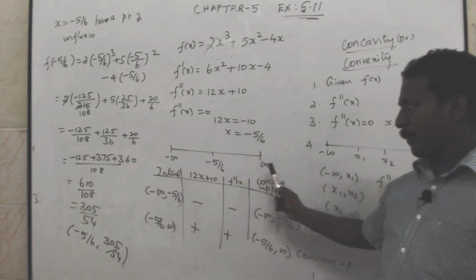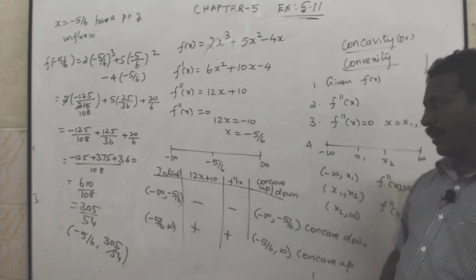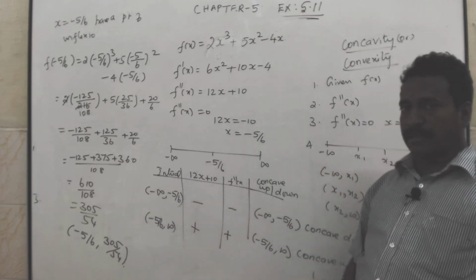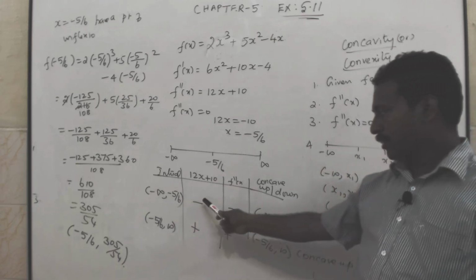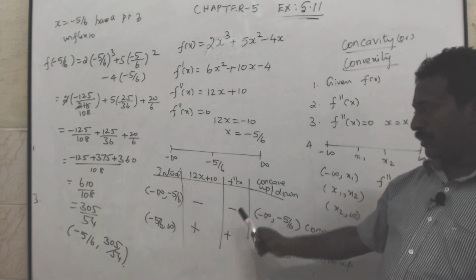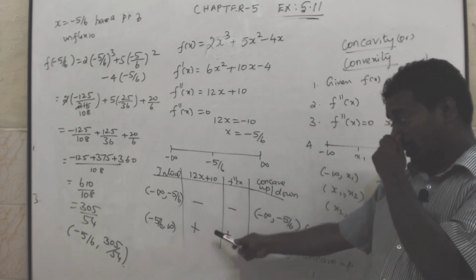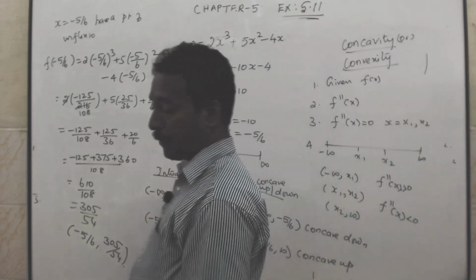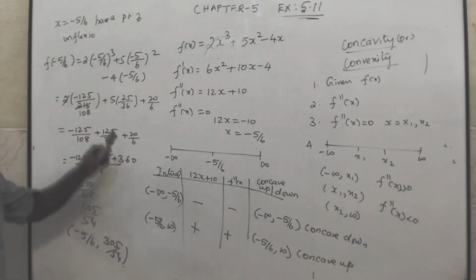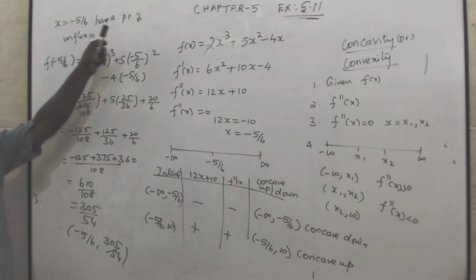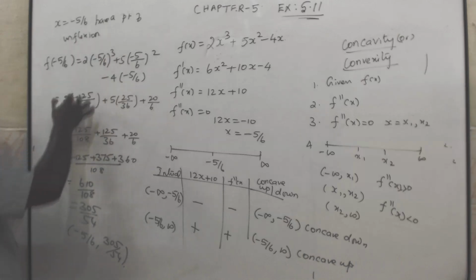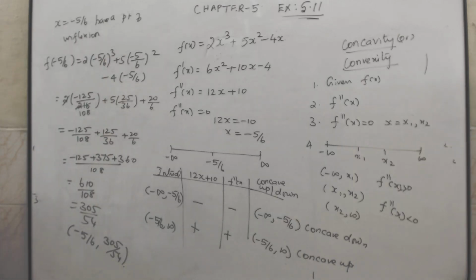Draw the number line, plot the point on the number line, substitute any one value in 12x plus 10, that is negative; in between, substitute, positive. Negative means concave down, positive means concave up. Therefore, x is equal to minus 5 by 6 is a point of inflection. Substitute x is equal to minus 5 by 6, simplify, you will get 305 by 54. Clear?